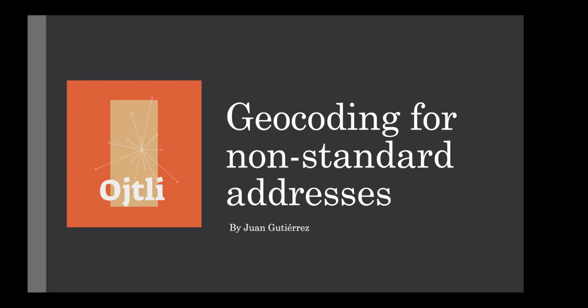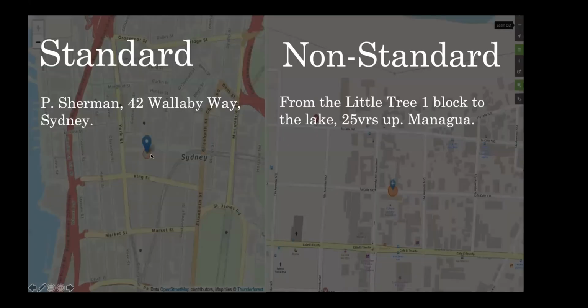Let's start by trying to define what non-standard addresses are. We have an example on the left side of what I call standard addresses, as I think probably most of you can relate to.